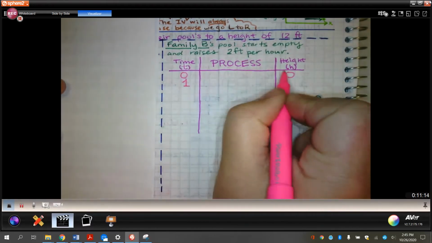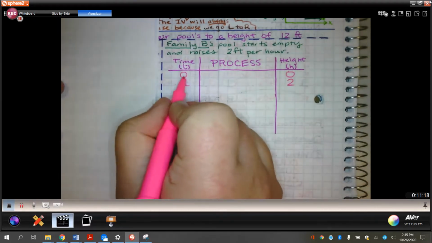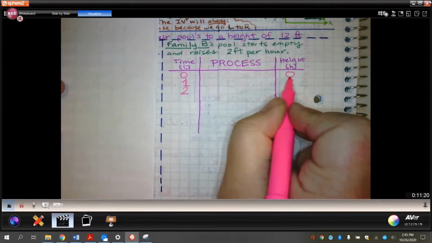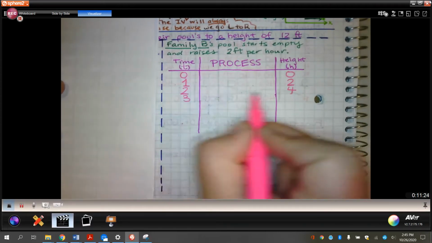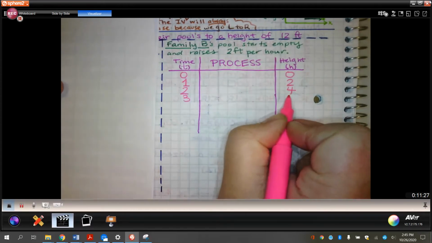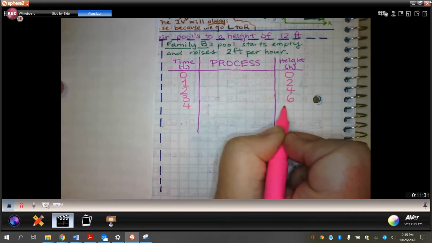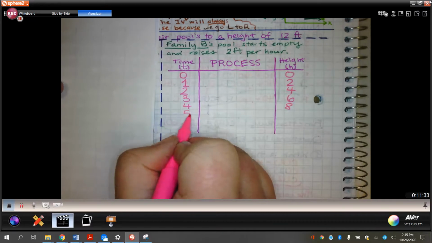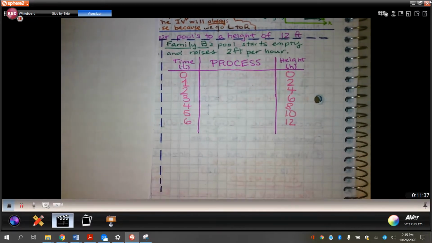So that's 2 feet. And then 2 hours, we put another 2 feet. That's 4. 3 hours is another 2 feet. That's 6. 4 hours, another 2 feet. That's 8. 5 hours is 10, and 6 hours is 12. And again, I'm going to stop there because they only want to raise it to 12 feet.